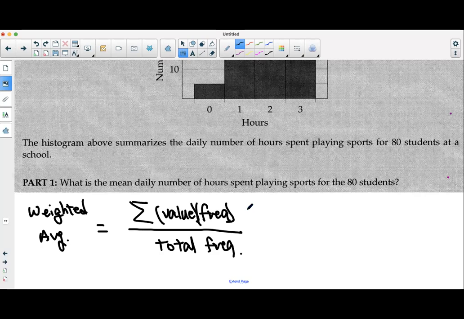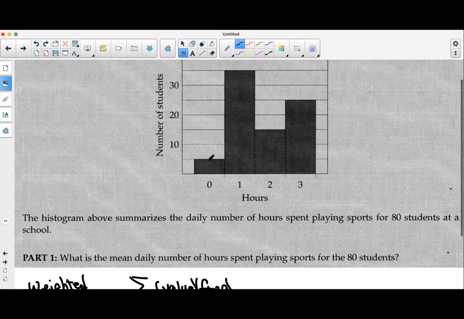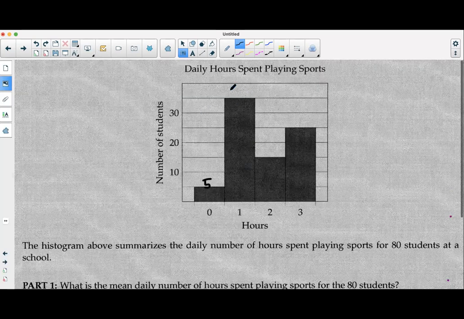So in this case, how many 0s do I have? 5. How many 1s do I have? 35. How many 2s do I have? 15 of them. How many 3s do I have? 25.